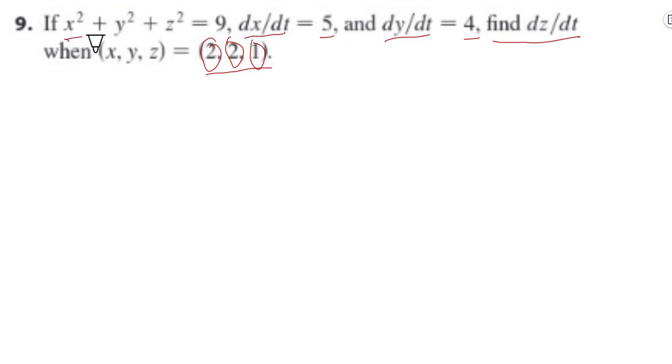I guess because it's implied, the hidden variable here is time, so something is changing over time, right? So there's this fourth variable in there. And so we take its derivative.